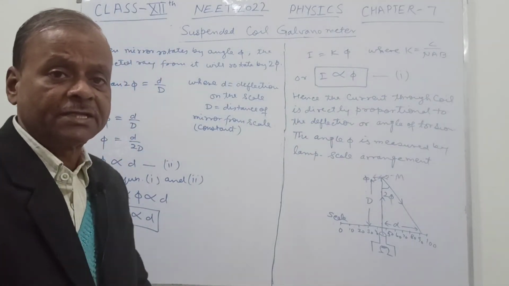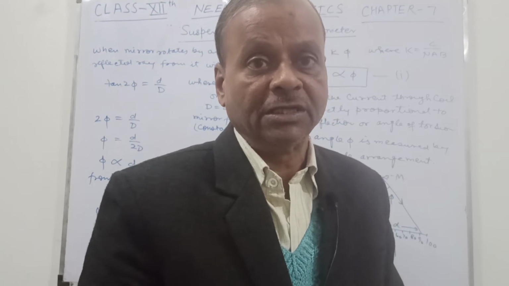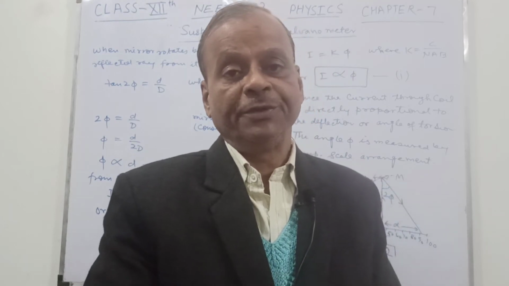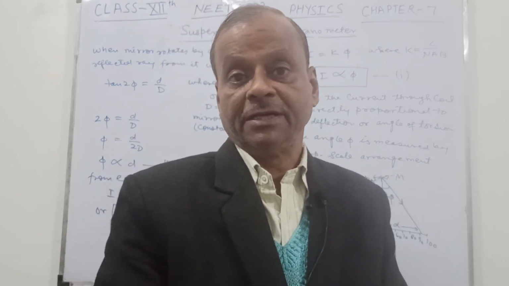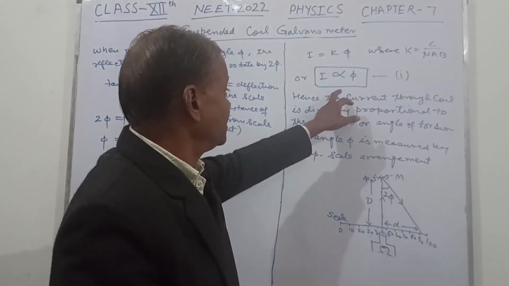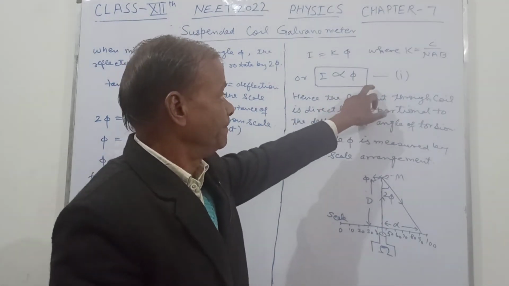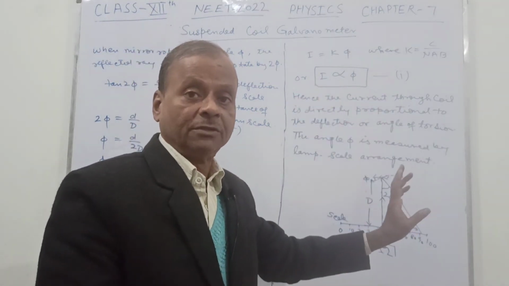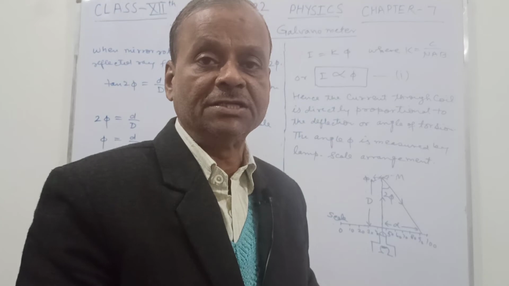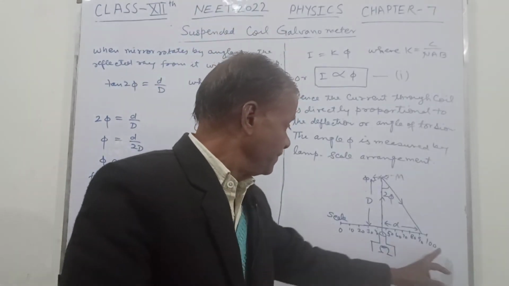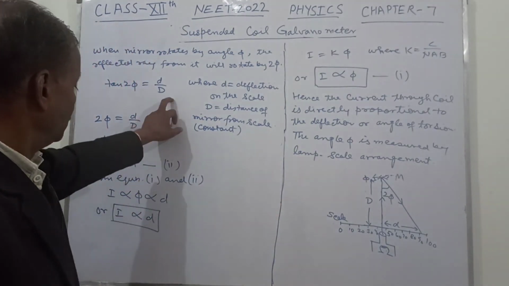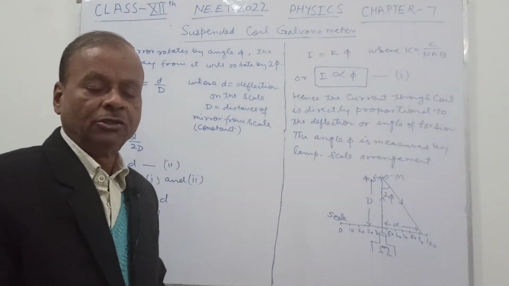So in the board exam, if it is asked that when current is passed in the coil of the suspended coil galvanometer, it is proportional to the deflection produced in the coil, the answer ends at this point. But if it is also asked that it is proportional to the distance moved on the scale, then we have to do this lamp and scale arrangement, and then tell that I is proportional to d.